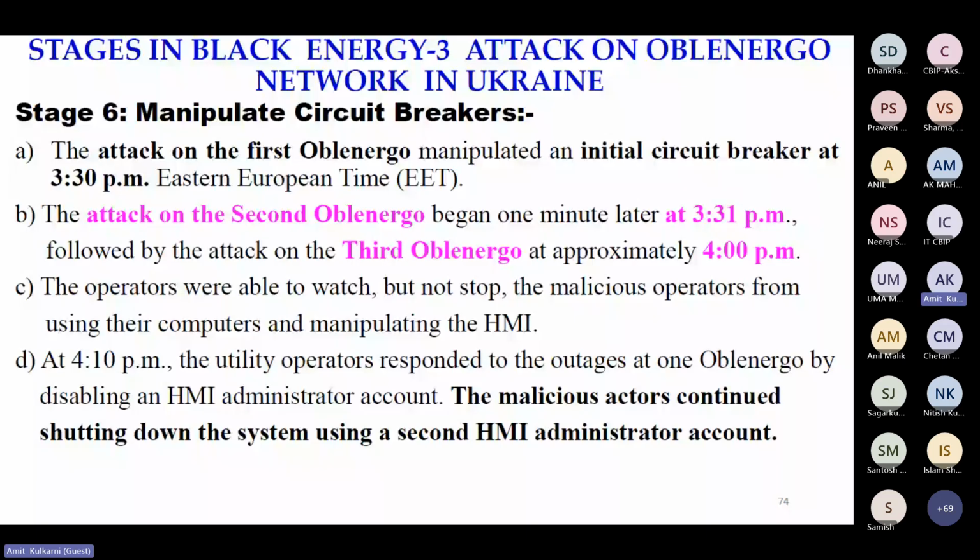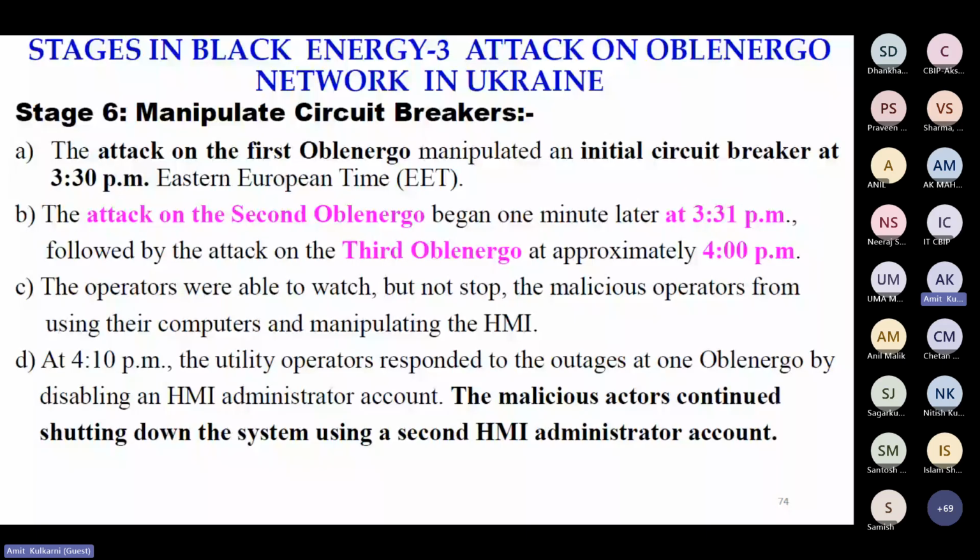The operators were able to watch, but they were helpless. They were unable to do anything because the control was taken by the attacker, and they had nothing left but to see what was happening in front of them.